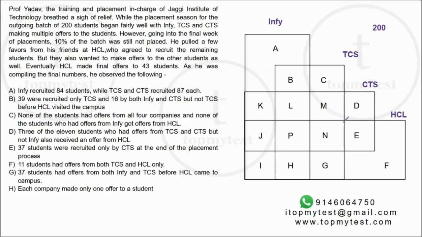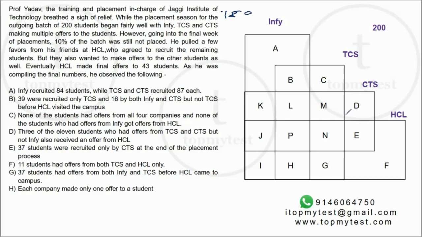So I've made a 4 variable Venn diagram here. So I have Infi, TCS, CTS, HCL, total of 200 students. Before HCL came in, what we have learned from this set is that a total of 90%, which means 180 students, were placed between Infi, TCS and CTS. Some of them got multiple offers as well.